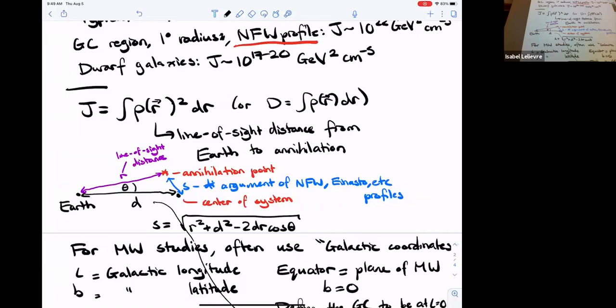I think it's great that people are doing those estimates, but I'm not sure that we understand the system well enough to give a number that we trust so completely that we can say, you can stop thinking about the dark matter models that are ruled out if you assume this boost factor is true.